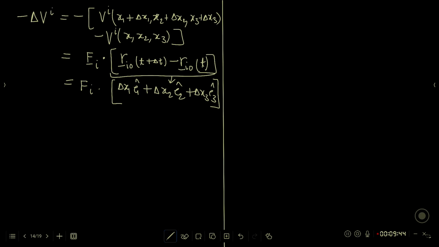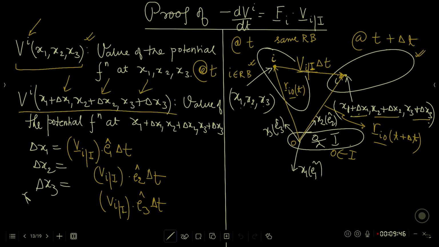But on the previous slide I said that delta x1 and delta x2 and delta x3 can be related to the local velocity, or the velocity of that ith particle on the RB, right?